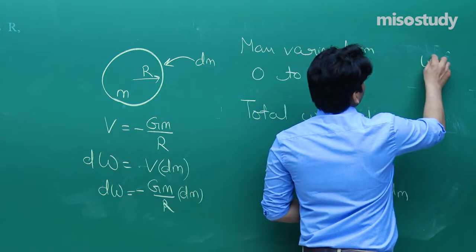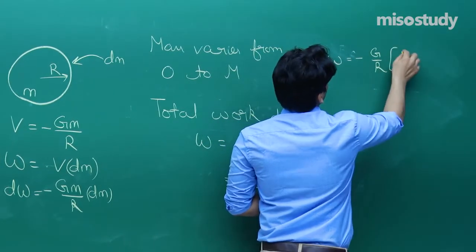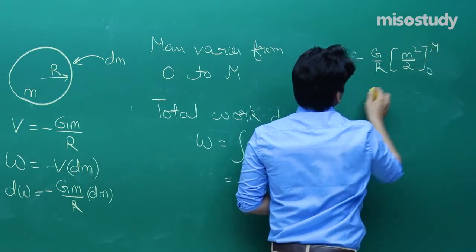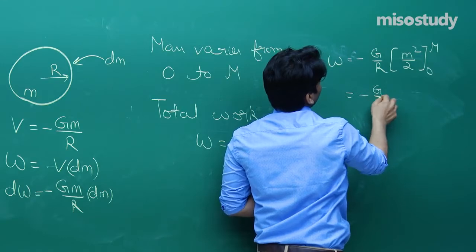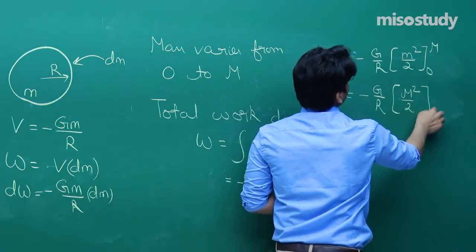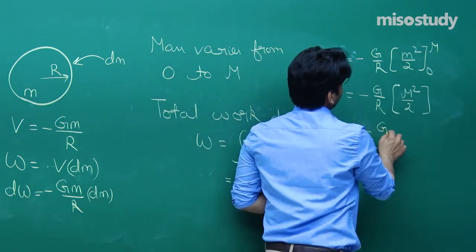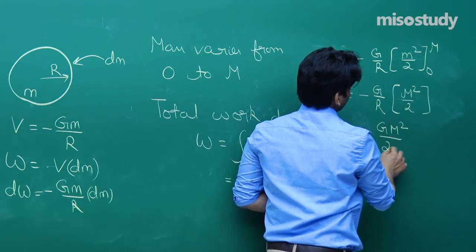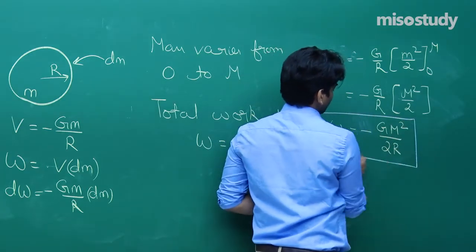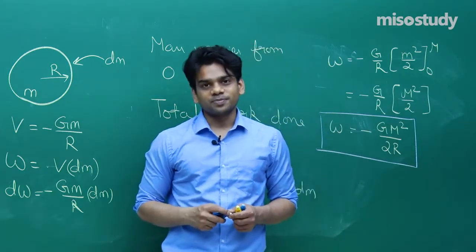Work done will turn out to be minus G by R times m square by 2. Substituting the limits 0 to capital M, quite simple, minus G m square by 2r. This will be the final formula for this work done. This will be the potential energy of the spherical shell of mass m and radius capital R.